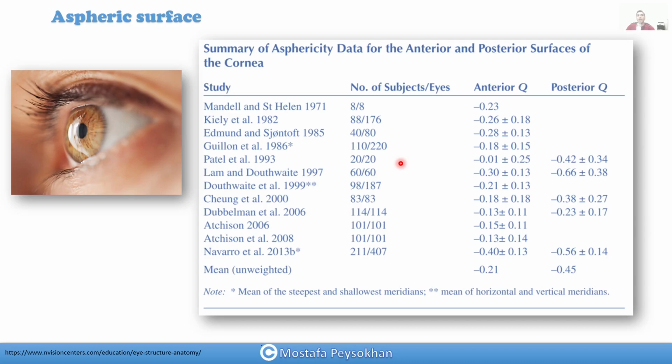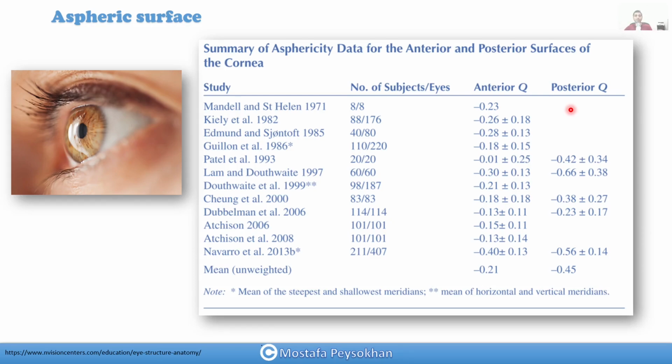Now let's look at some data for the anterior and posterior surfaces. We should be very careful. Both surfaces of our eye have some kind of asphericity, the anterior surface and the posterior surface. For example, Mandell and Helen in 1971 did it for 8 eyes, and the anterior surface Q is -0.23, and for posterior they don't have any data.